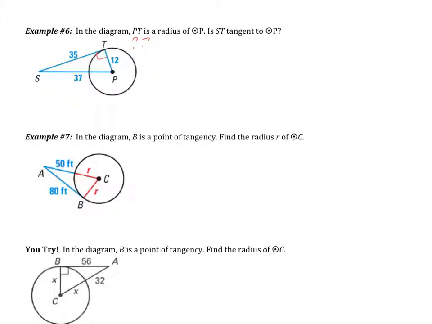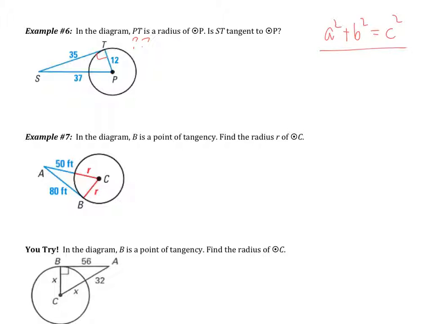Who said it? Pythagorean theorem? How did the Pythagorean theorem help us? If the two legs and the hypotenuse work out, and what if they're not equal? Then it's not. Very simple.